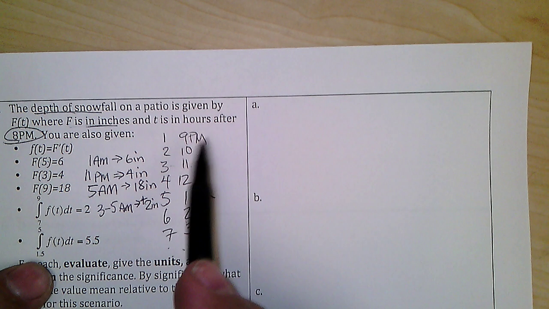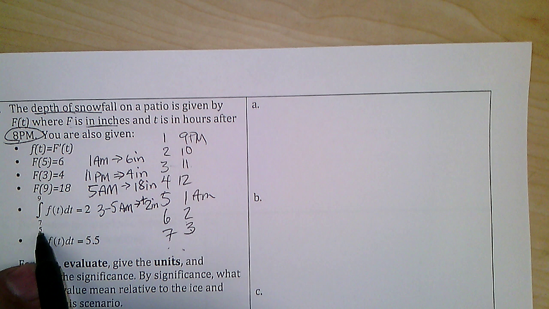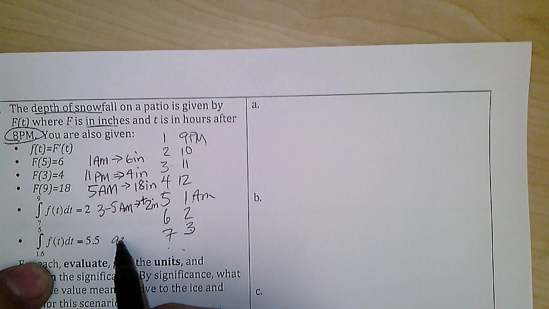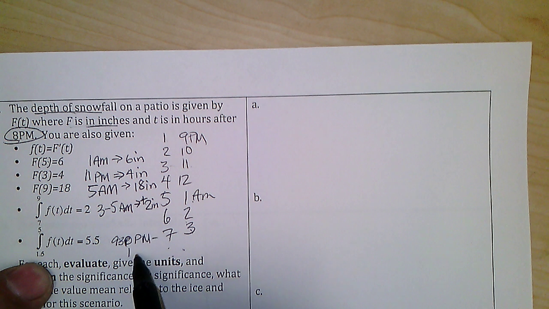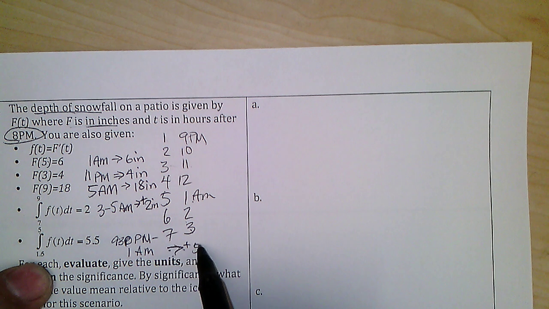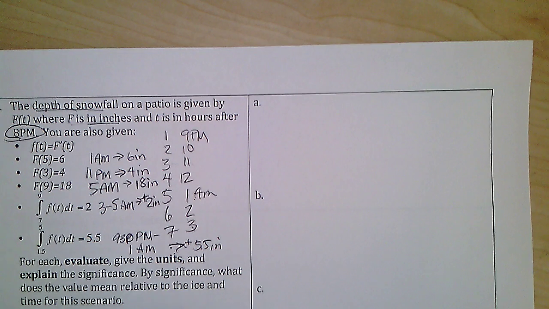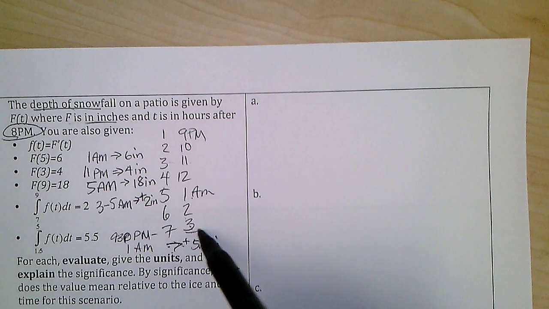And from 1:30, which would be 9:30 p.m., to 1 a.m., it increased by plus 5.5 inches. So what was it at 7 hours after 8, at 3 a.m.?